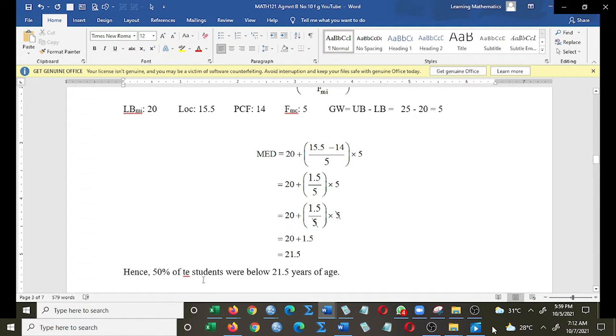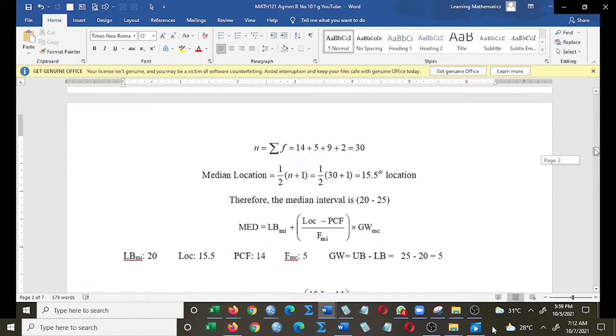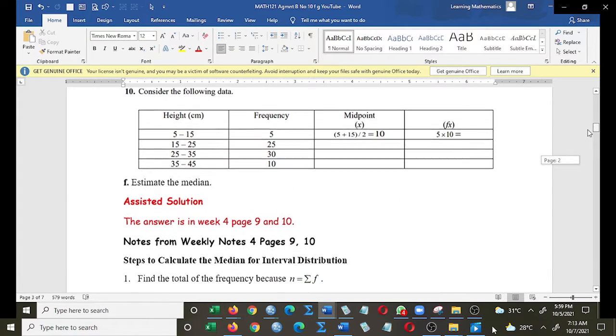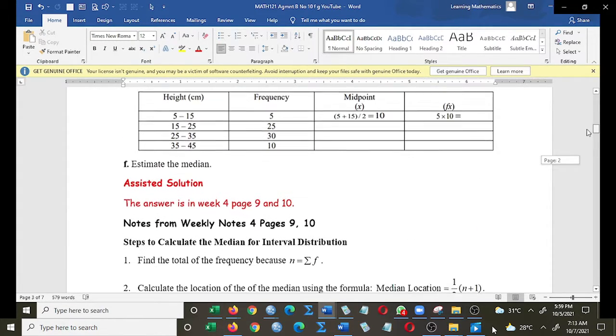Okay, 50% of the students are below 21.5 years. So that's what you apply now to number 10, part F, the median when you have an interval distribution.